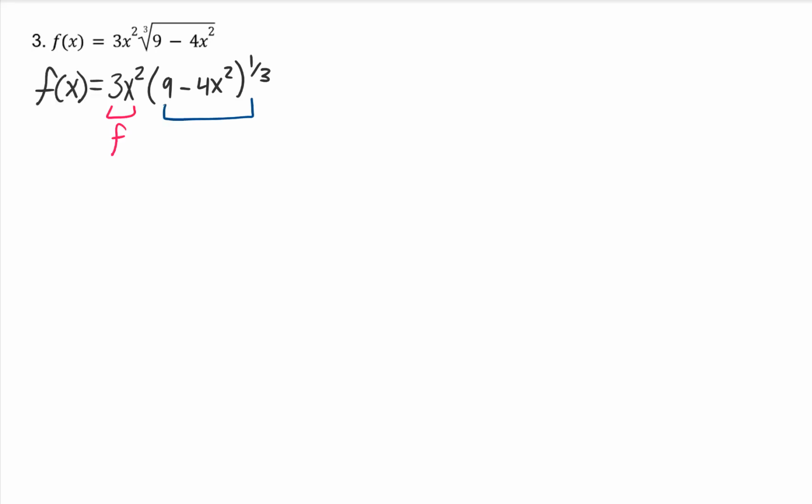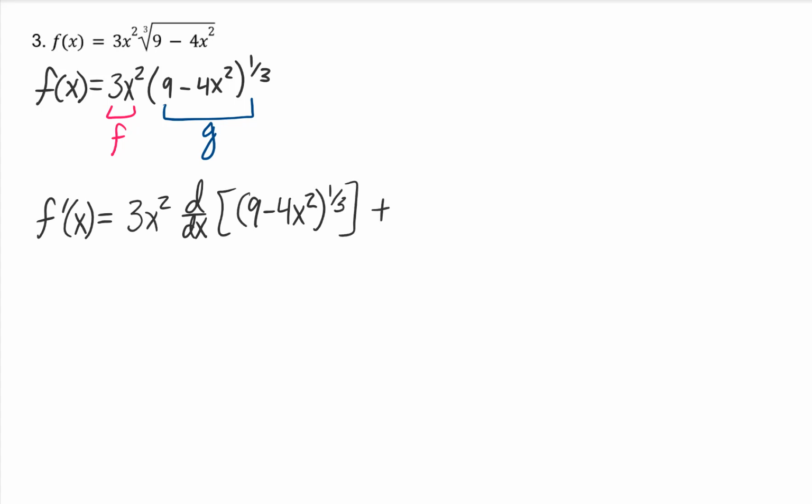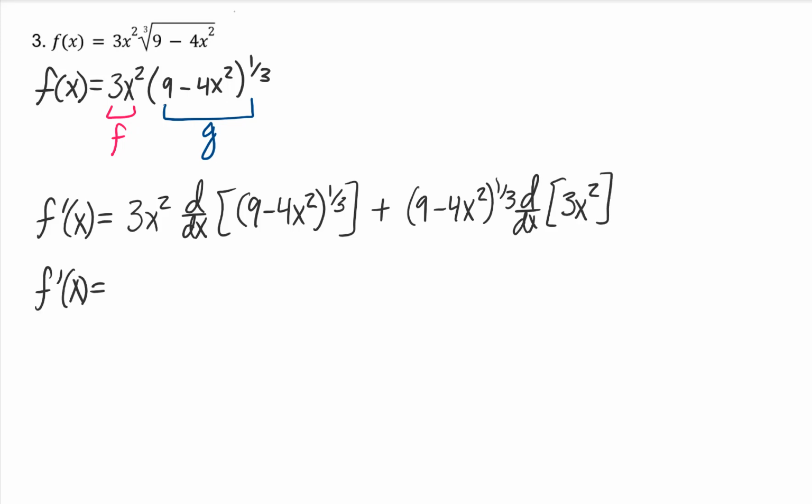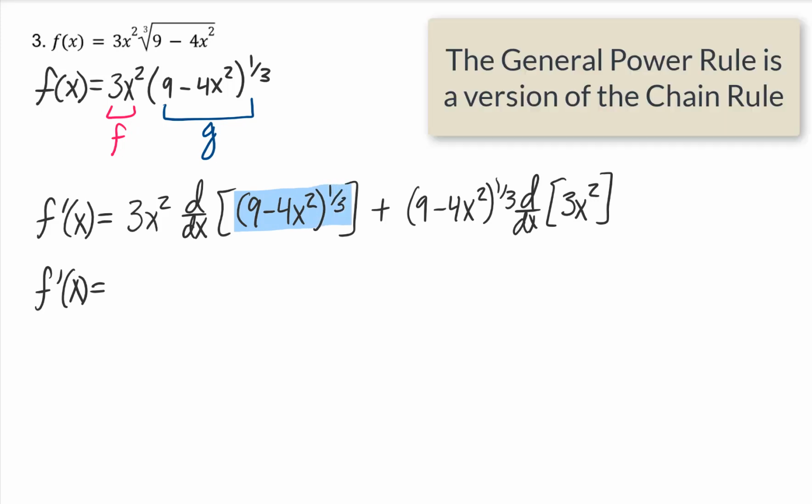Identify f and g. F times the derivative of g plus g times the derivative of f. We established earlier that this would require us to use the chain rule because we have a quantity of x to a power.